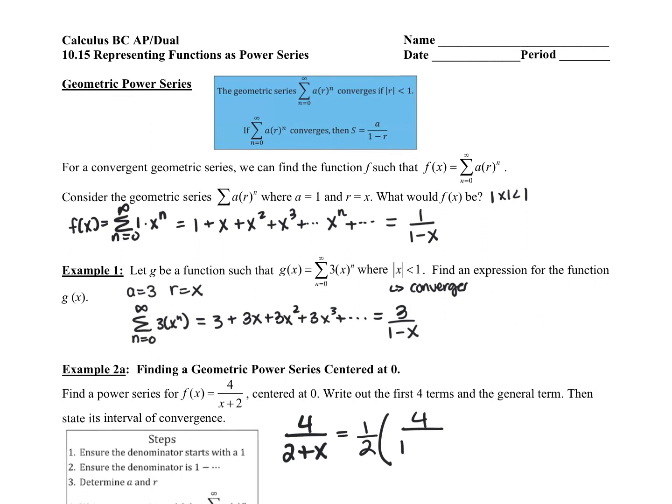So then I'll have 1 plus what? If I factor out a 1/2 out. X over 2, good. And then I can make that a minus if I just make it a double negative.